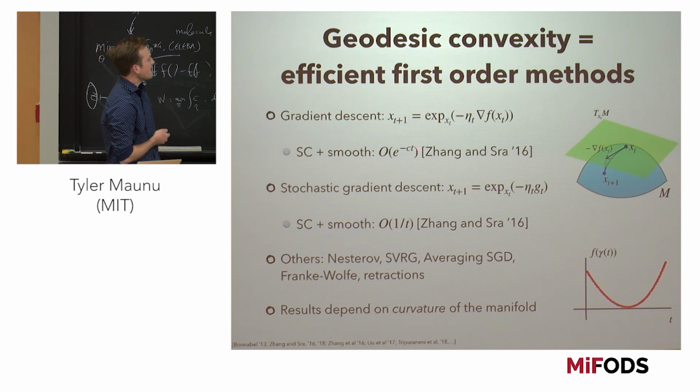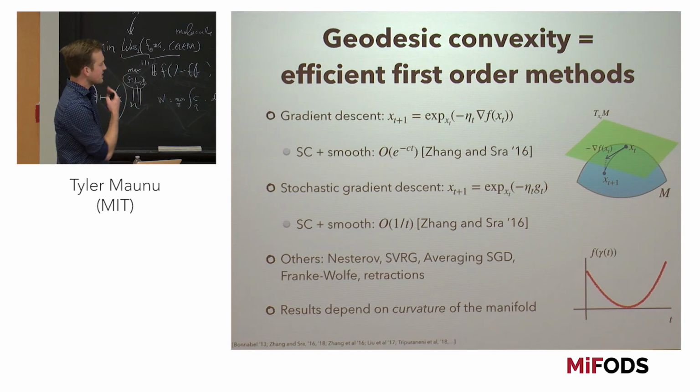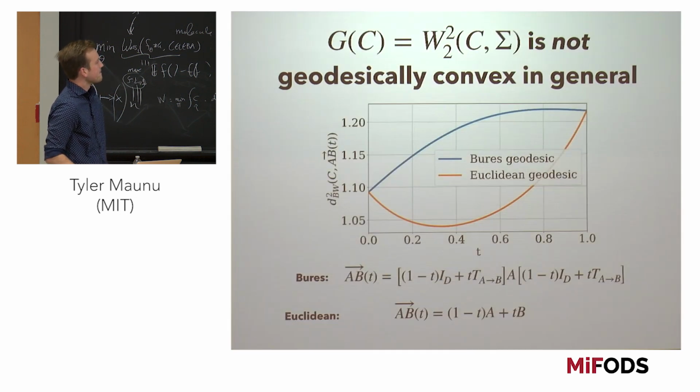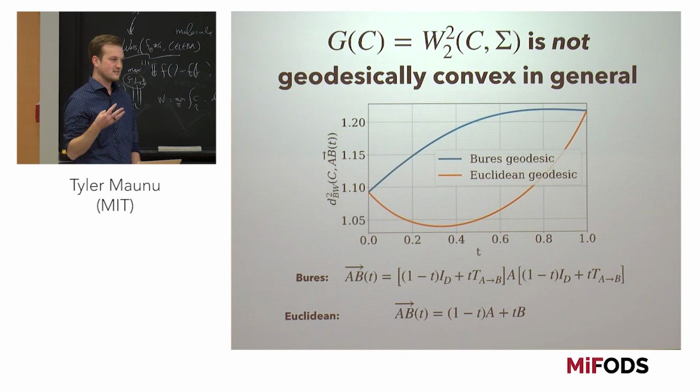Now, one of the annoying things here is of course these results depend on the curvature of the manifold. And especially it's hard to think about what's happening when the manifold is non-negatively curved, like the Wasserstein space. And something that I really want to hammer home here is that this space that I've created on positive definite matrices is not geodesically convex.